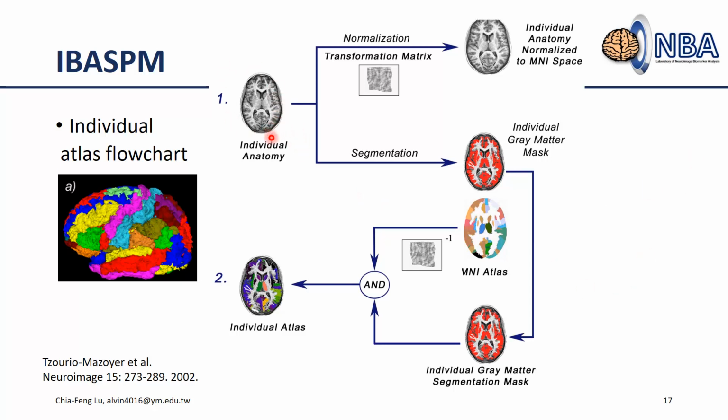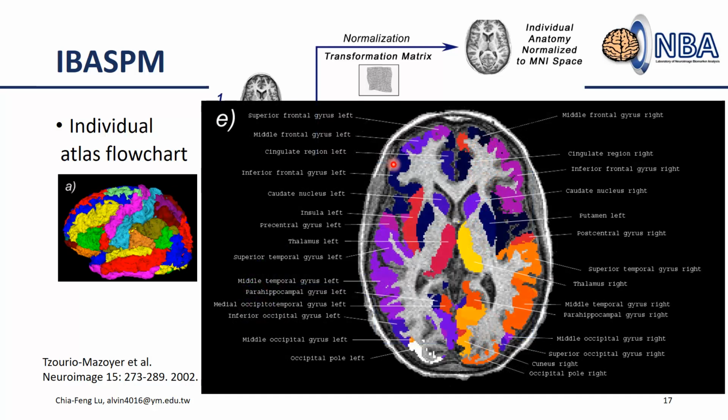So this is the original T1-weighted MRI imaging. That means these are anatomical images actually. And we can perform normalization and segmentation and finally overlay our imaging with a template. This template, sometimes we may call an atlas. Then we can obtain a so-called individual atlas. This is one of the 3D models where you can see different brain regions already labeled in different colors. Or you can see the actual slices right here.